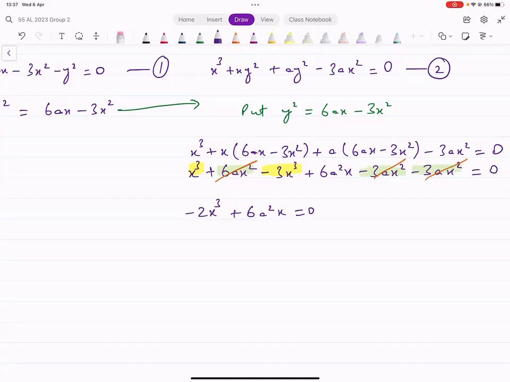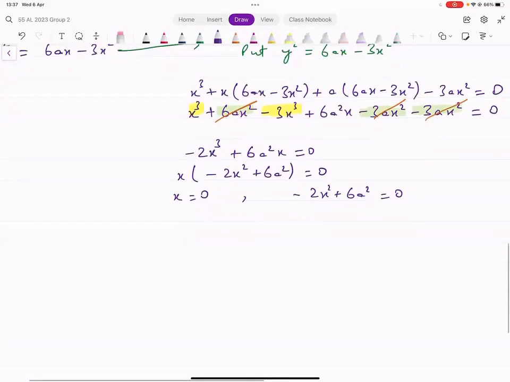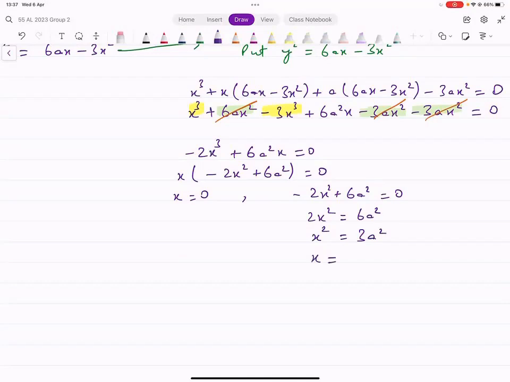We can take x common here, and that gives us minus 2x square plus 6a square equals 0. Either x equals 0 or minus 2x square plus 6a square equals 0. यहाँ से हमारे पास आ गया 2x square equals 6a square, x square equals 3a square, and then x equals plus minus square root of 3a square. और फिर a का अगर आप स्क्वायर रूट लें तो a स्क्वायर का स्क्वायर रूट a बन जाएगा.